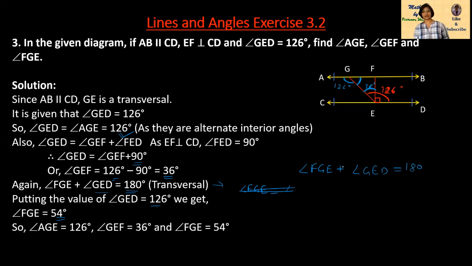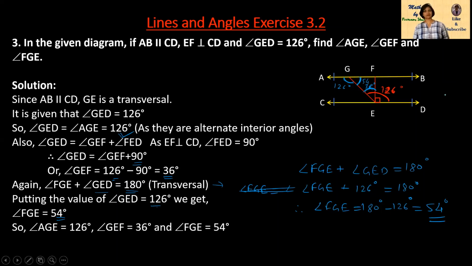Same side interior angles, so these will be 180 degrees. Here this angle is given 126 degrees. So angle FGE equals 180 degrees minus 126 degrees, which is 54 degrees. That's all. So this angle is also 54 degrees. All three angles we found here.